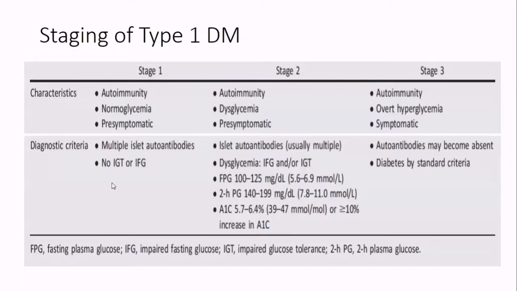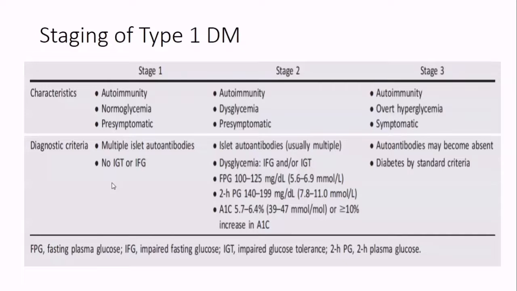Then there is an established stage 3, that is overt hyperglycemia. Overt hyperglycemia means whenever you estimate the glucose value, as I told you in the previous slide about the criteria for the diagnosis of diabetes, whichever criteria you take will be satisfied in stage 3.